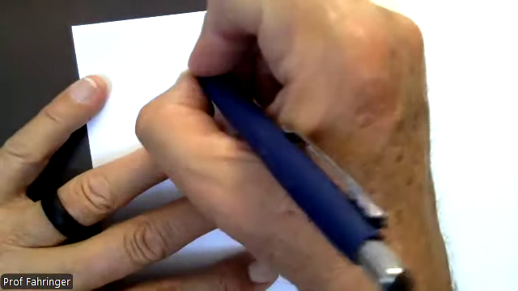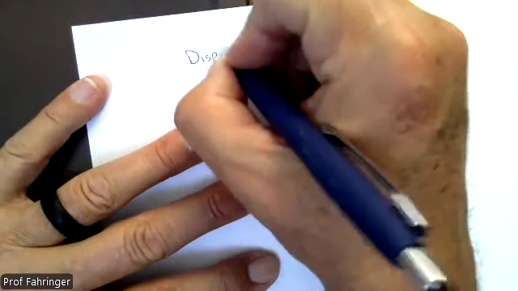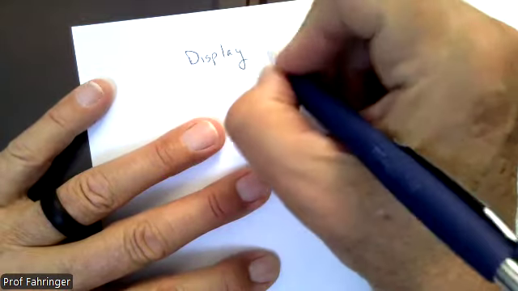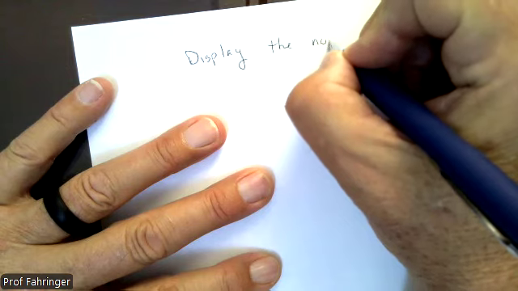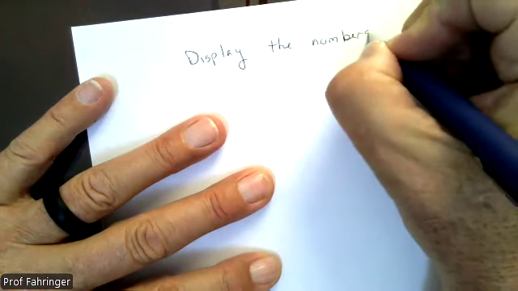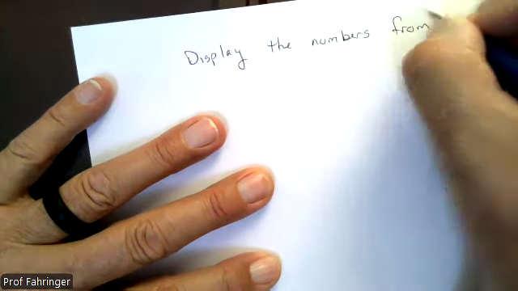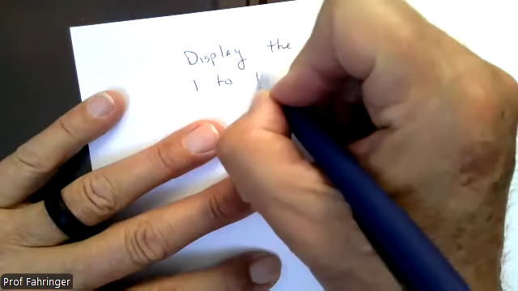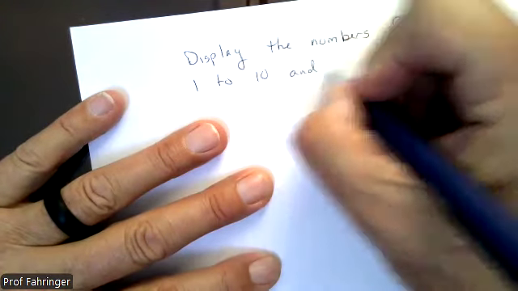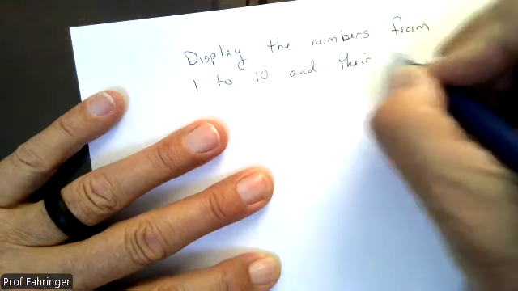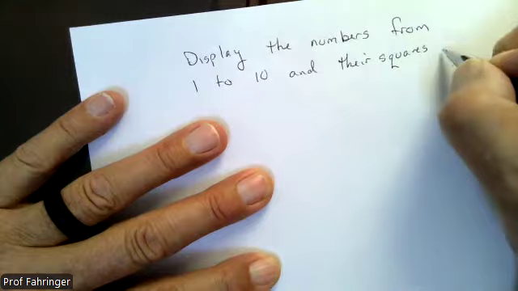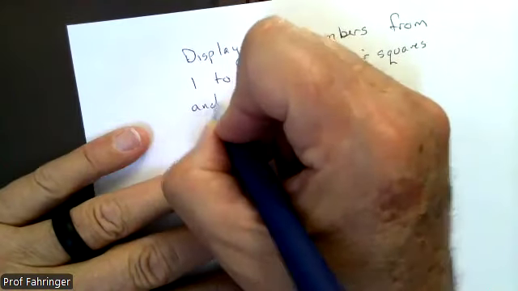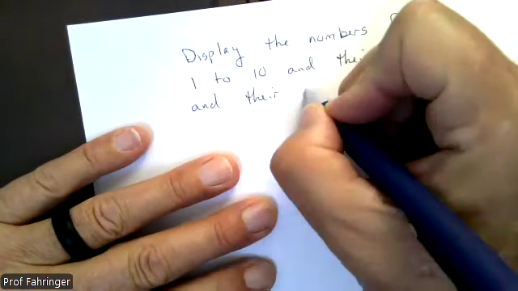I want you to write a program to display the numbers from 1 to 10 and their squares and their square roots.